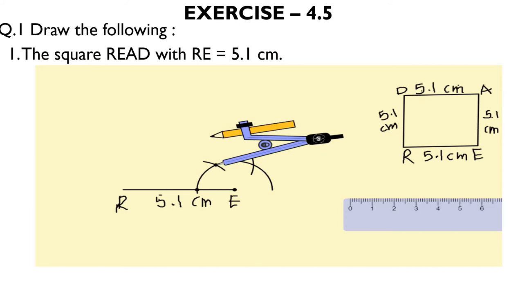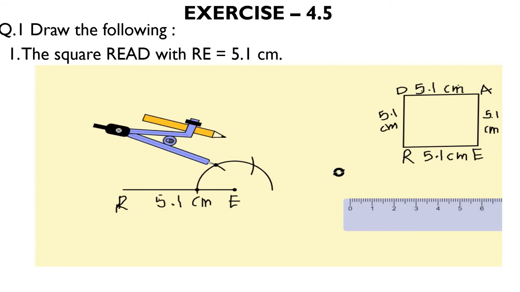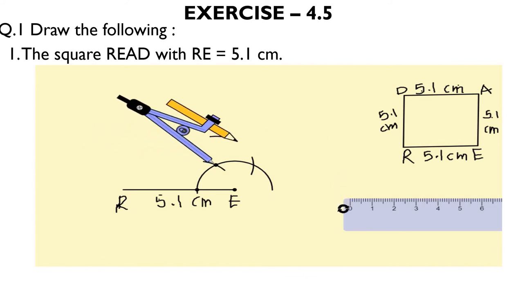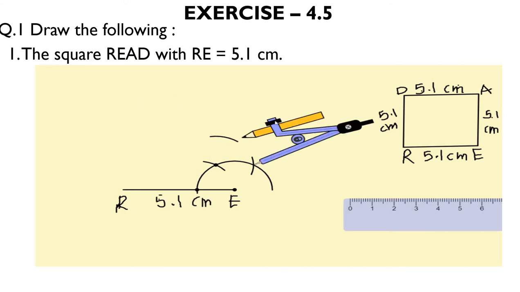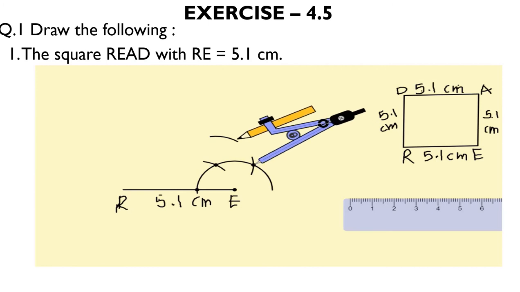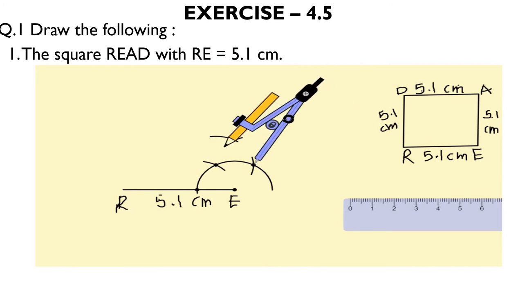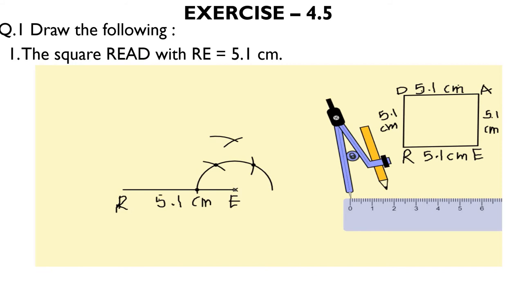Now 90 degree is between, that is, it bisects 60 and 120. So one time we keep the pointer on 60 degree. Radius should not be changed here, students, and we make an arc. Another time we keep the pointer of compass on 120 degree and intersect the previous arc. This intersection is nothing but 90 degree.